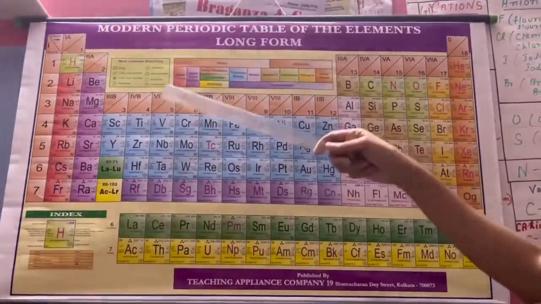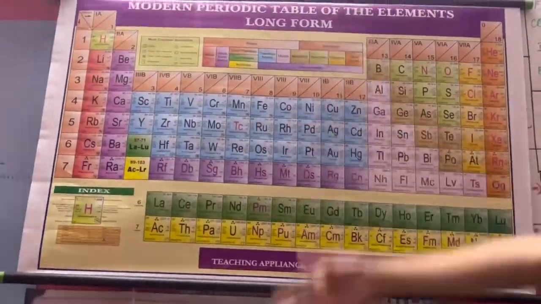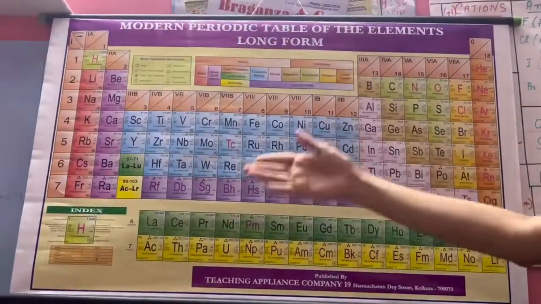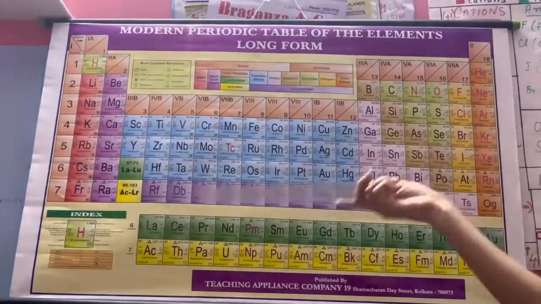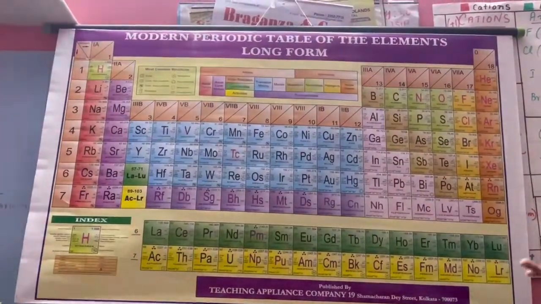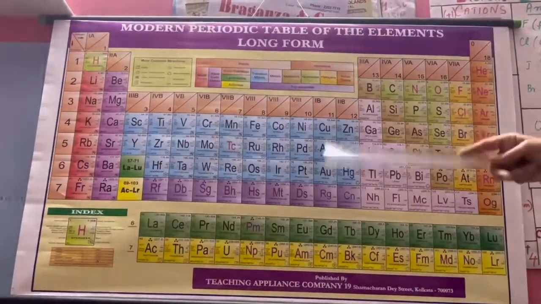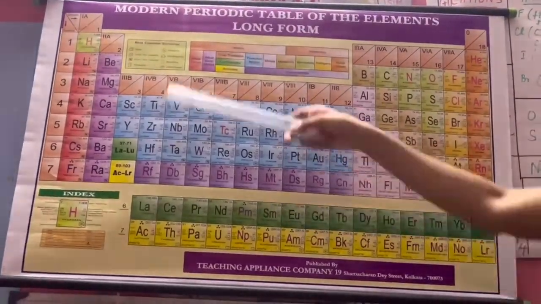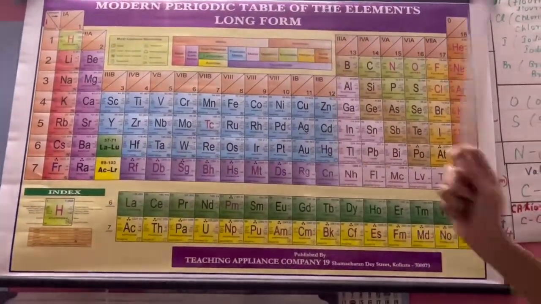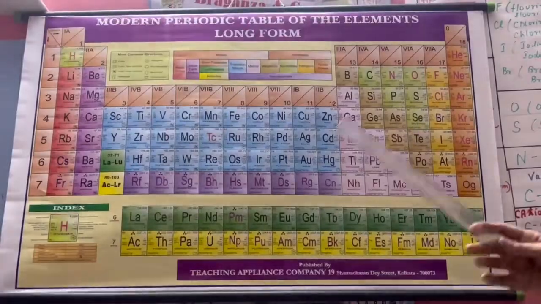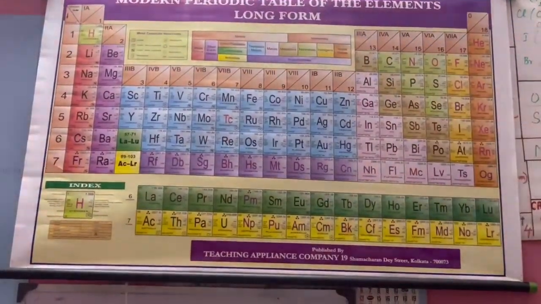The position of hydrogen has been a matter of a lot of discussion. So leaving out hydrogen, the rest are all metals, and group 1 is called the alkali metals. Coming to group 2, group 2 is called the alkaline earth metals. What is the similarity among the elements of group 2? In group 2, all the elements will have valency 2. Okay, so this was how they have been arranged.